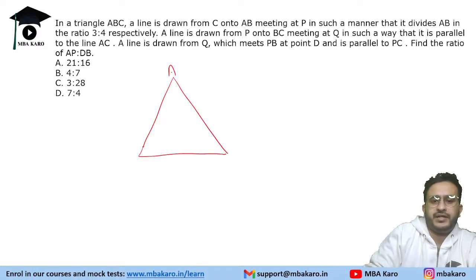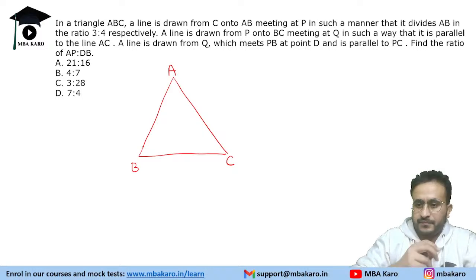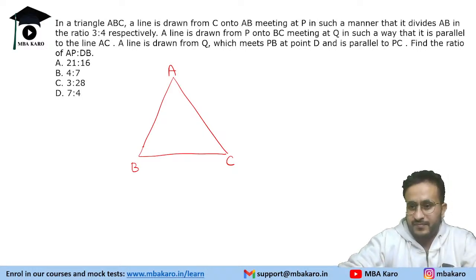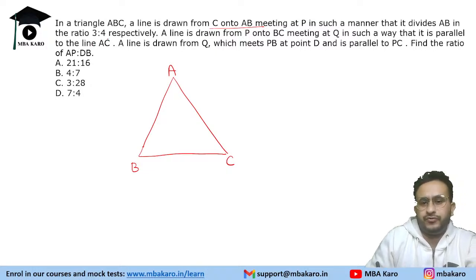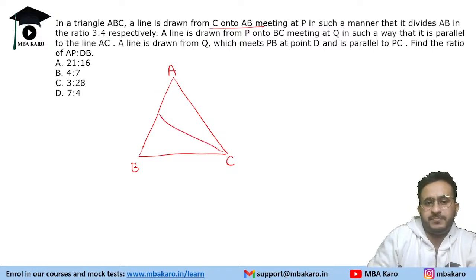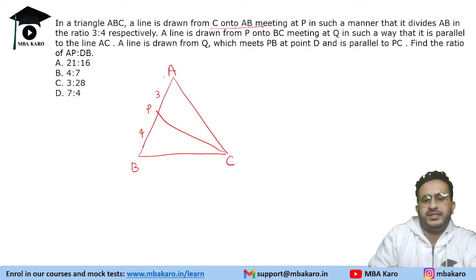Okay, so draw any triangle ABC. It says that a line is drawn from C onto AB meeting at P, dividing AB in the ratio 3:4. So let us take 3 and 4 for the parts of AB. Then a line is drawn from P onto BC meeting at Q, parallel to AC.